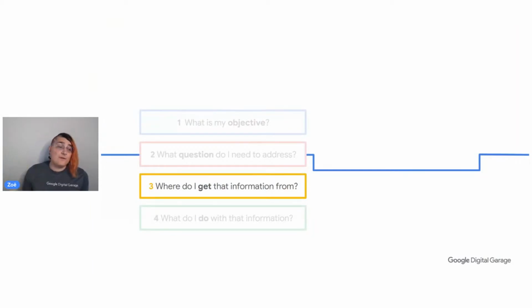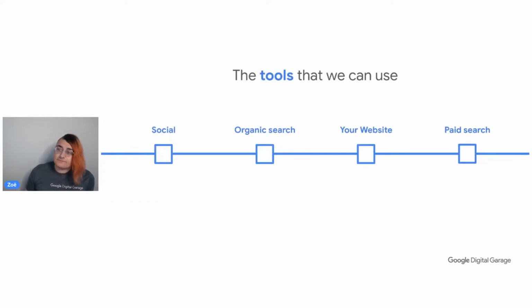And we're looking at the third question now in our little 4-question steps, which is where do we get the information? So there's loads of different tools, like I said. Here are just a few of them. We've got social media, organic search, your website, and paid search.